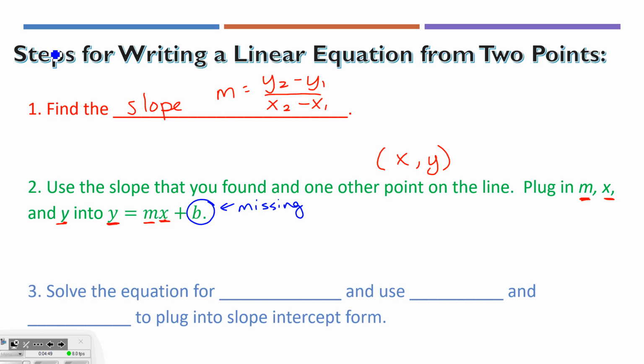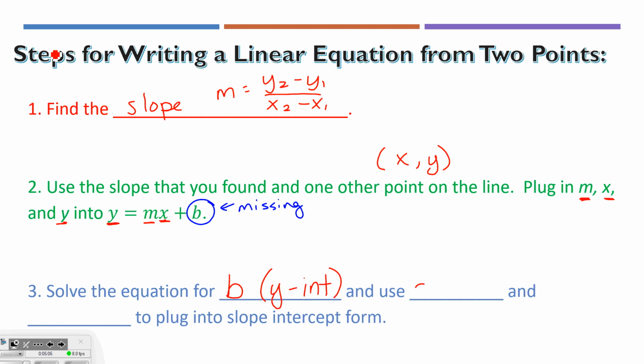So my equation is going to look like a number equals a number times a number plus b. Well, now I'm going to take that equation and I'm going to solve it for b. And that's going to give me the y-intercept value.